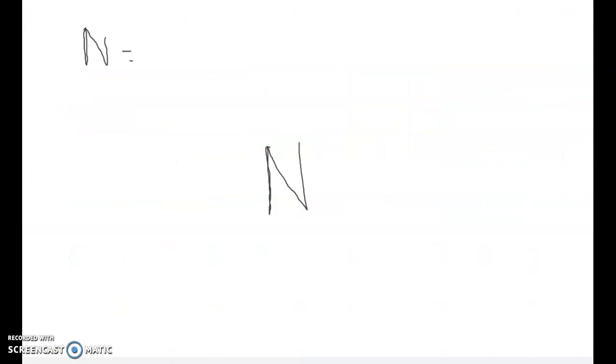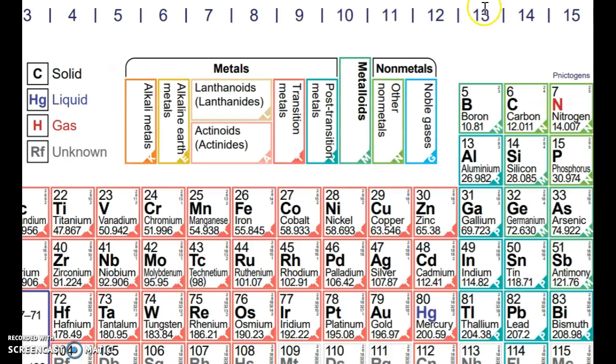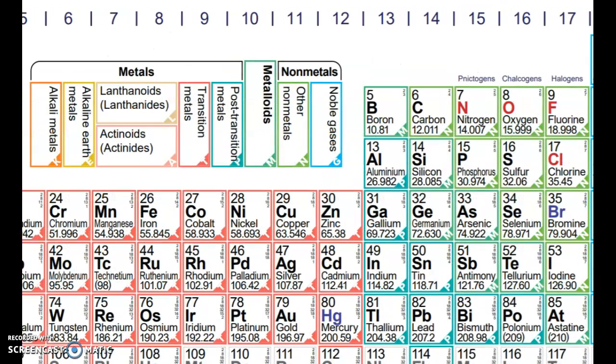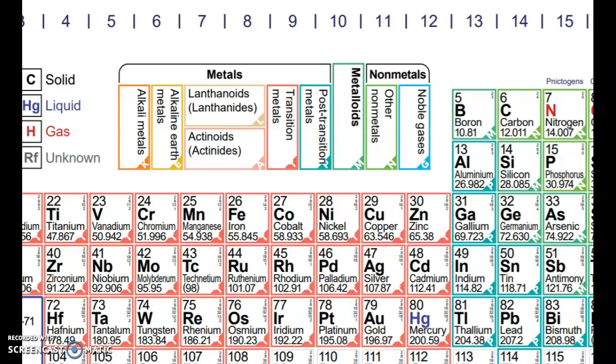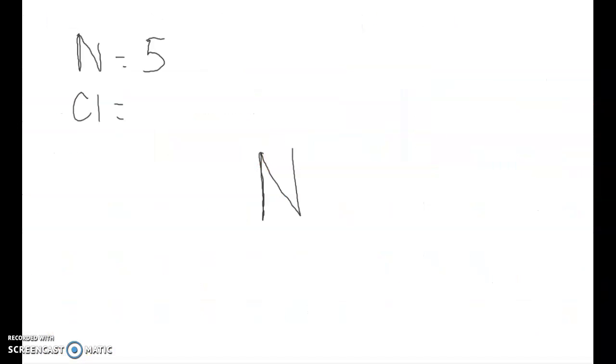So I'm going to write that down. That's 5. Chlorine has how many? Chlorine is in group 17. It's a halogen, so it has 7 electrons.